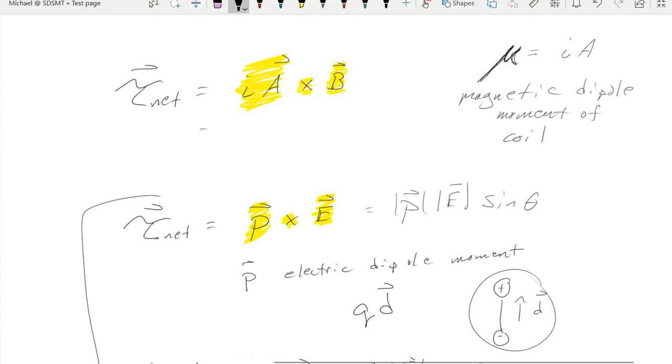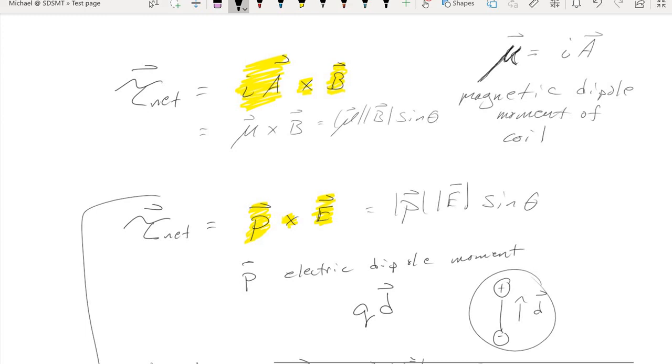We can then replace IA with mu. Because A is a vector, mu is a vector, and we now have a way of representing the torque by using the dipole moment, the magnetic field, and the sine of the angle between them.